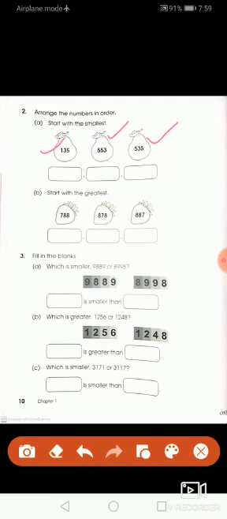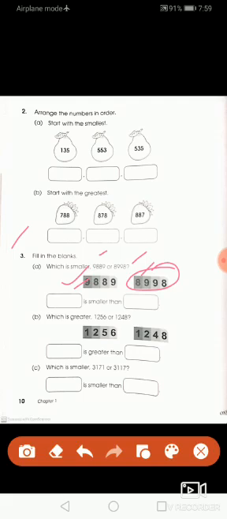In question number 3, fill in the blanks. Which is smaller, 9,889 or 8,998? There is 9,000 in this number and 8,000 in the other. So 8,000 is smaller than this one. In the B part you will find the greatest number.